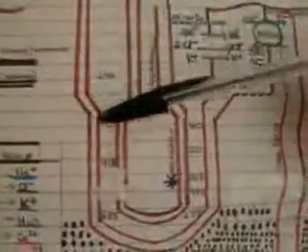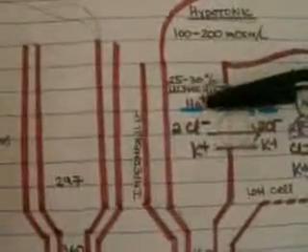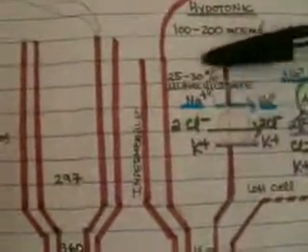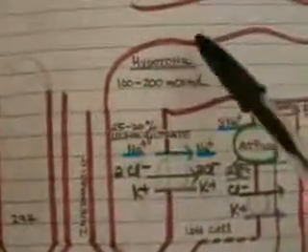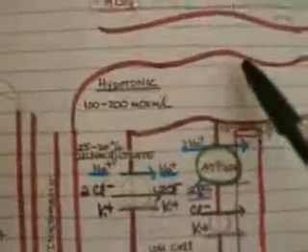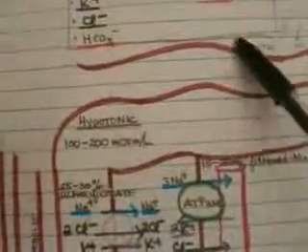Then as the ultrafiltrate enters the loop of Henle, approximately 15 to 20% of the sodium is reabsorbed. And in the distal convoluted tubule, approximately 5% of the sodium is reabsorbed back into the systemic circulation.